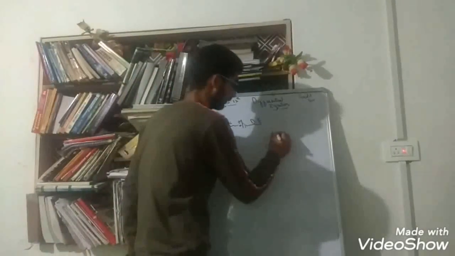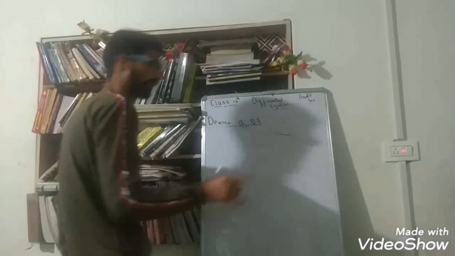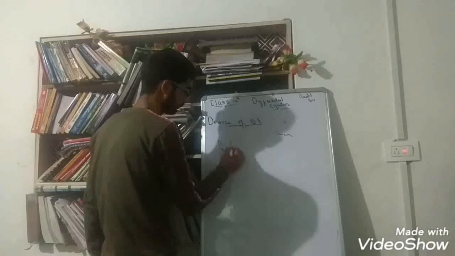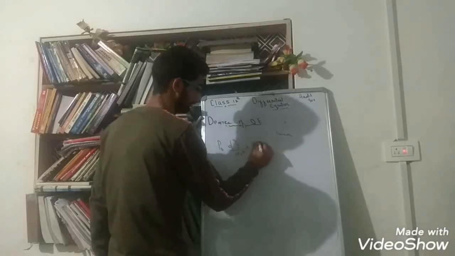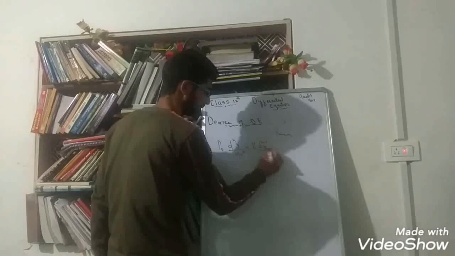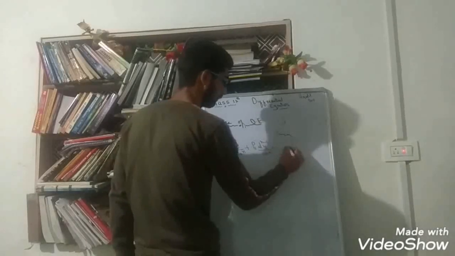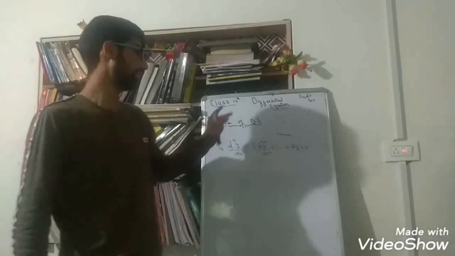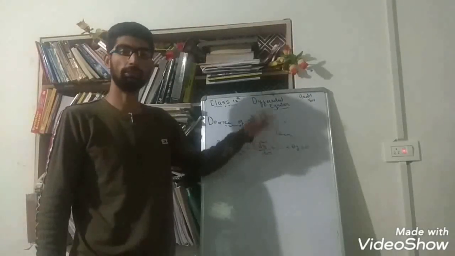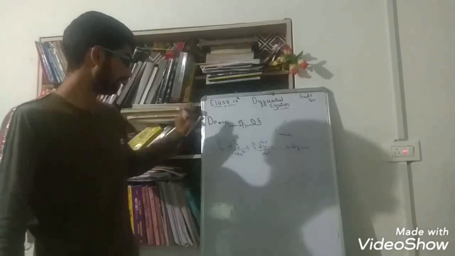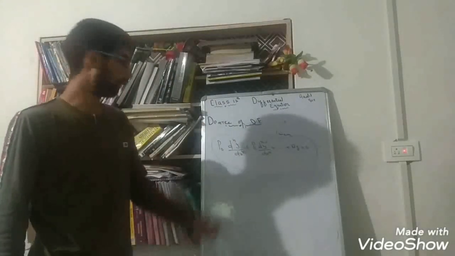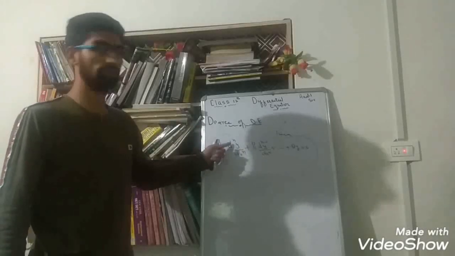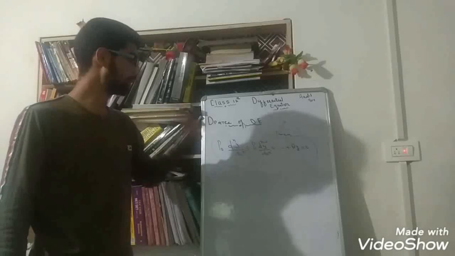If we have a linear differential equation, it can be written like this: P1 d^(n-1)y by dx^(n-1) plus so on plus qy equals 0. If an equation is of this form, we say it is linear, because the highest derivative is d^n y divided by dx^n and its power is 1, so its degree is 1.